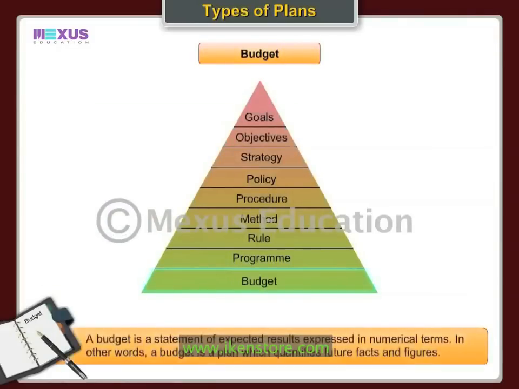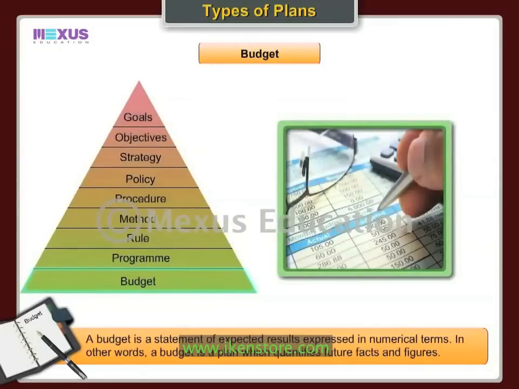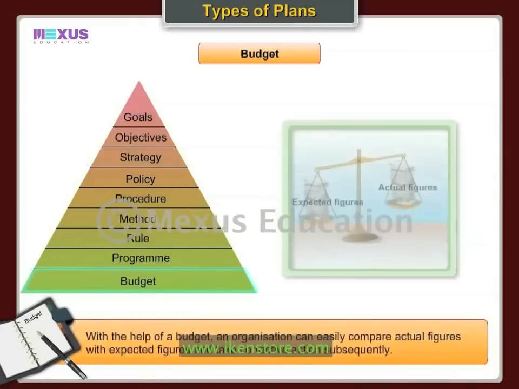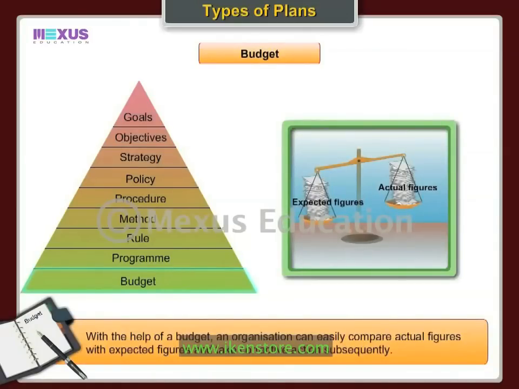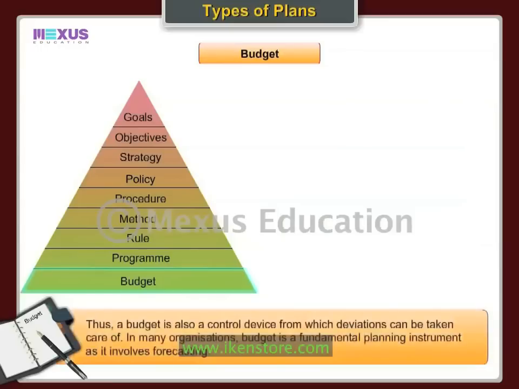Budget. A budget is a statement of expected results expressed in numerical terms. In other words, a budget is a plan which quantifies future facts and figures. With the help of a budget, an organization can easily compare actual figures with expected figures and take corrective action subsequently.